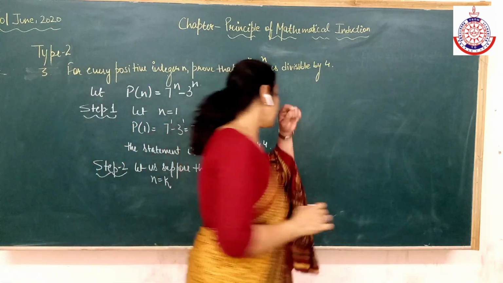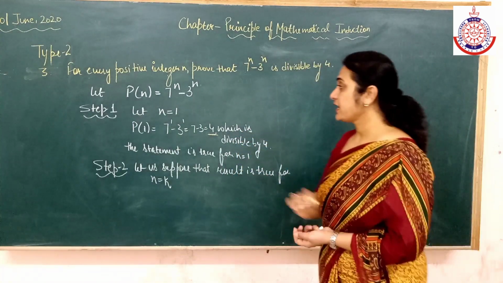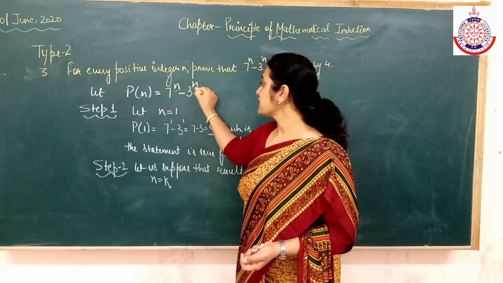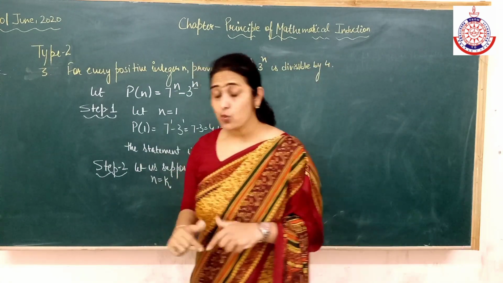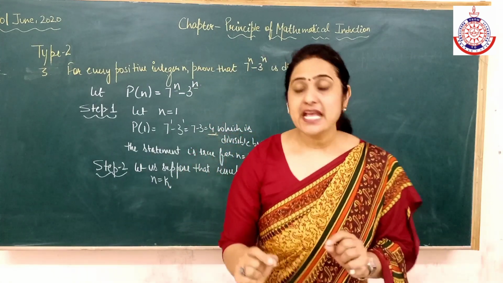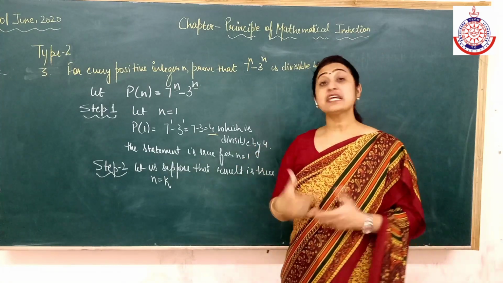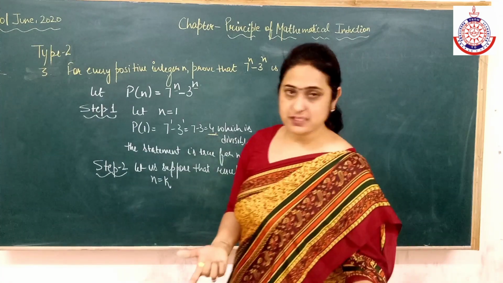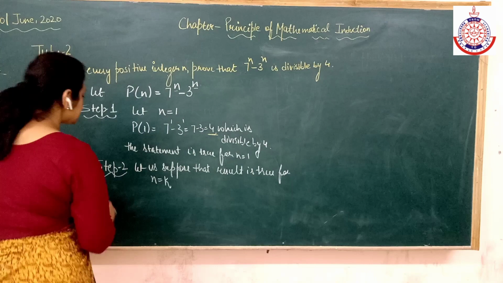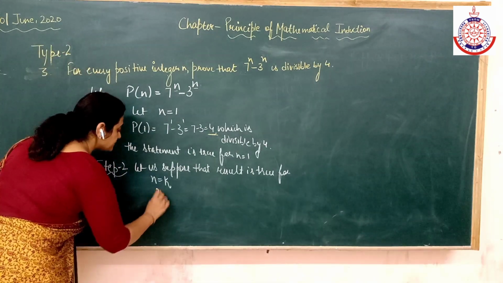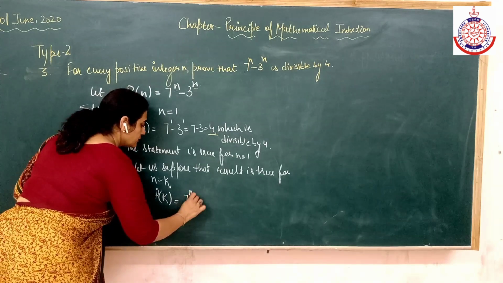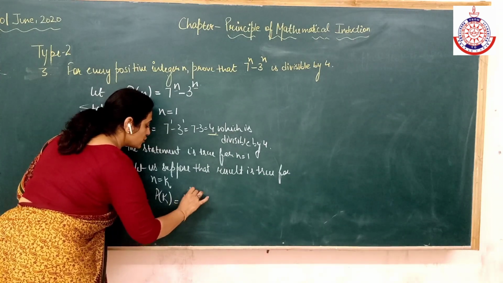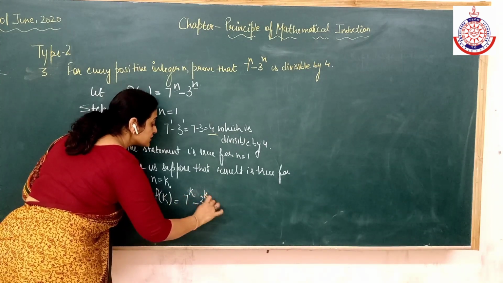I am assuming if in place of n I put k, whatever the number I obtain, that is divisible by 4. That's what I am assuming. Is it clear? That means Pk, if I put n is equals to k, this is divisible by 4.